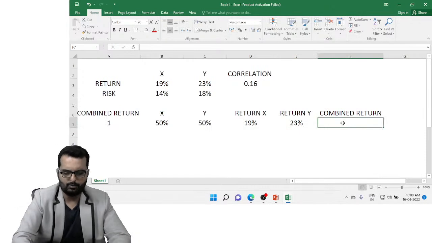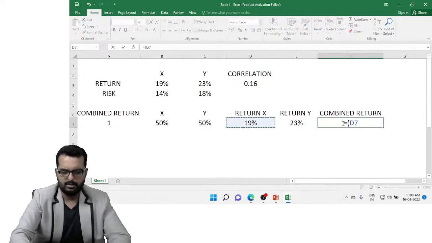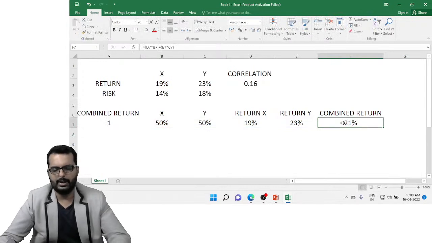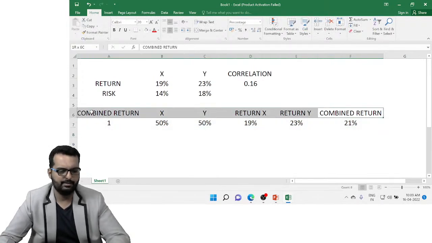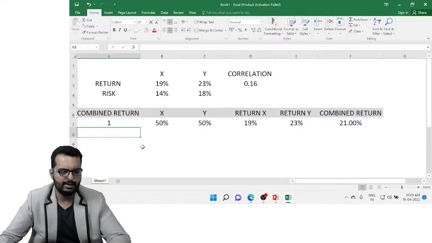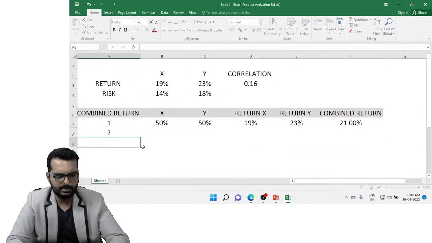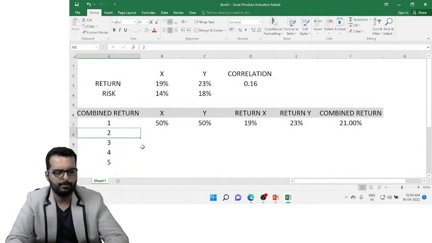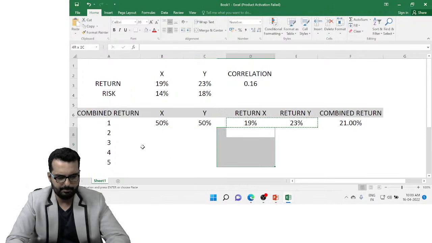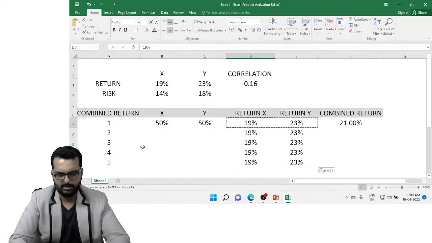My combined return, what will be the formula? Return of X into weight of X plus return of Y into weight of Y. Do I get the answer as 21%, friends? Now all that I have to do is copy paste in a way that I get all the 5 combinations: 2, 3, 4, 5. These two things will be the same until here.